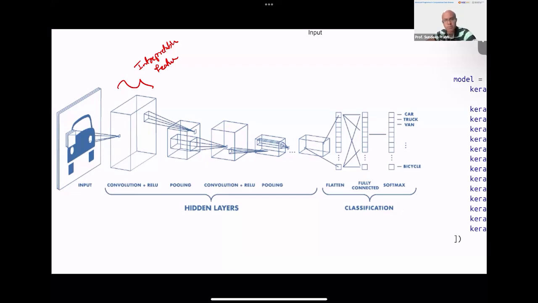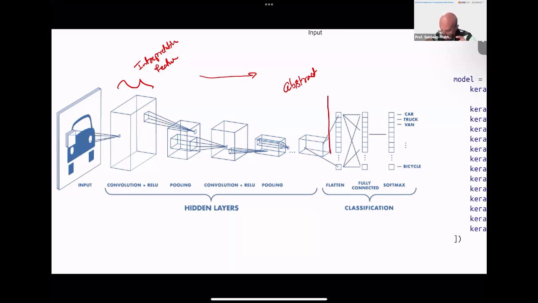As you go deeper and deeper, it becomes more abstract. So you use convolution and pooling. This is a typical architecture. You might skip a pooling operation, but you might use two convolutions and one pooling. You could play around with all those mix and matches.